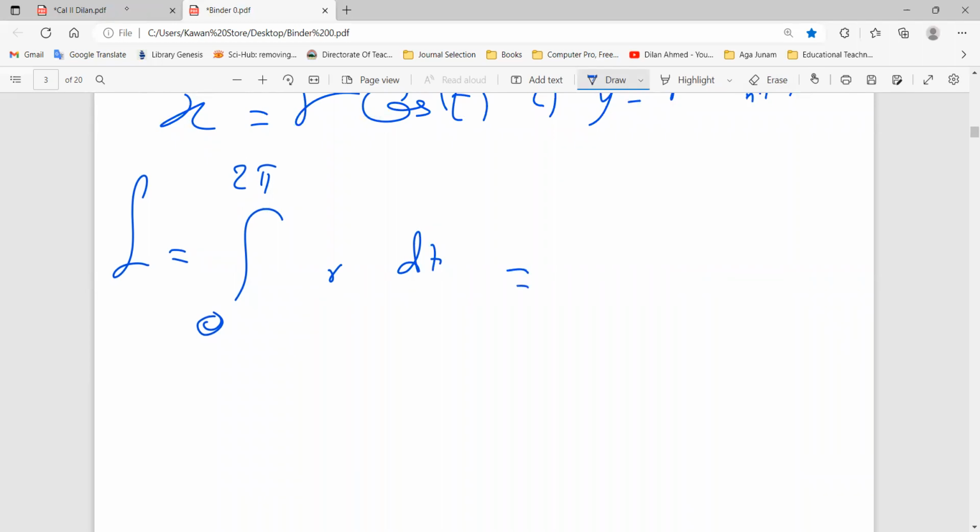The integral of r is equal to what? R, plus C?